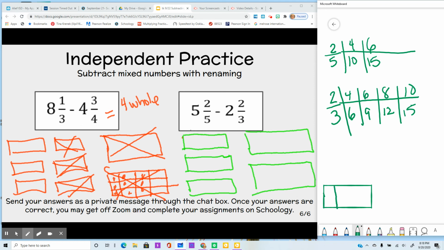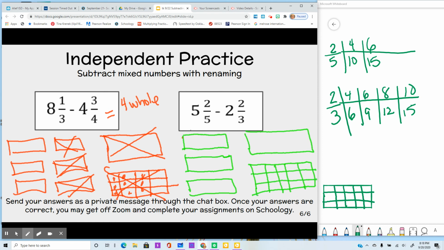All right, and then this needs to be into 15ths as well. All right, so I have 2/5 is equal to 6/15. 2, 3, 4, 5, 6. Now I need to take away, so this is 5 6/15 minus 2 10/15.